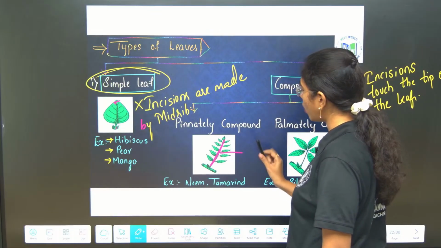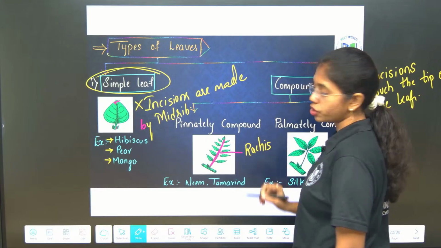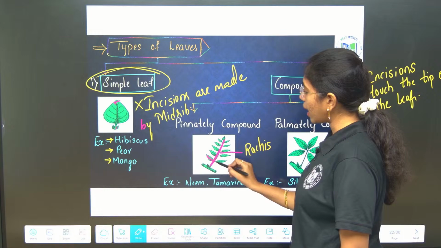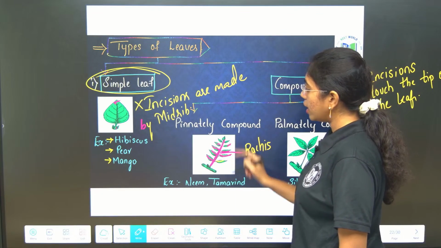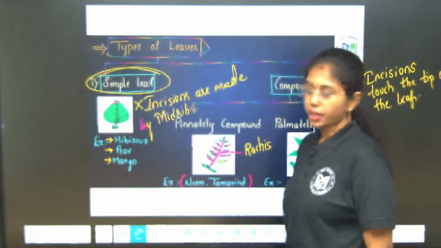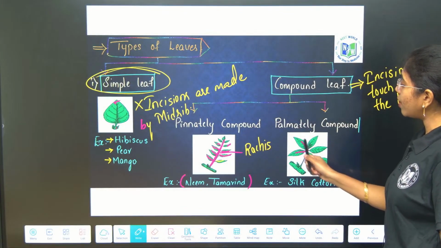That midrib is the rachis. Leaflets are arranged on the rachis. Examples are neem and tamarind.